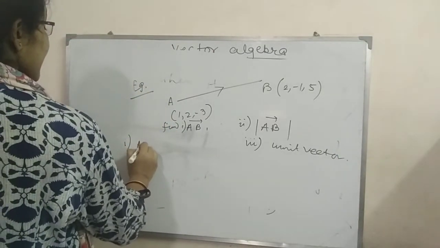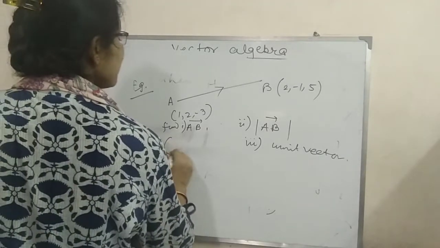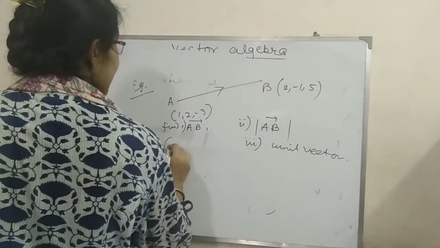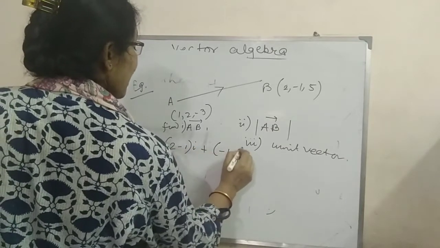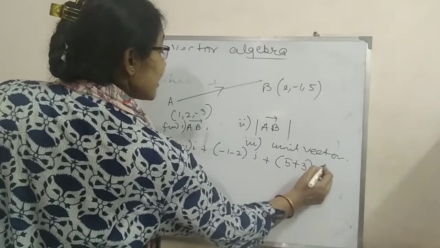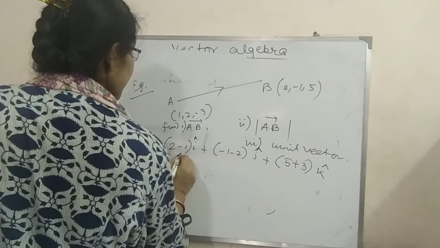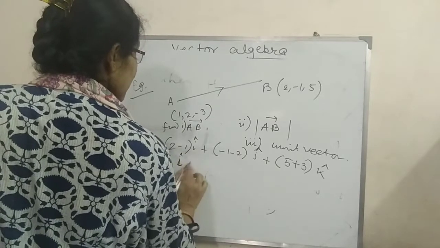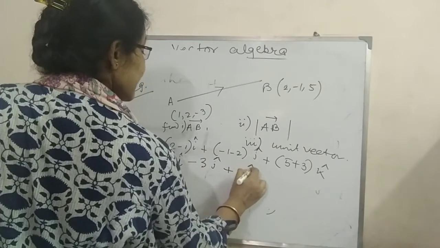First AB, this is equal to 2 minus 1 I, x2 minus x1 I plus minus 1 minus 2 j plus 5 plus 3 k. That is equal to I minus 3j plus 8k.